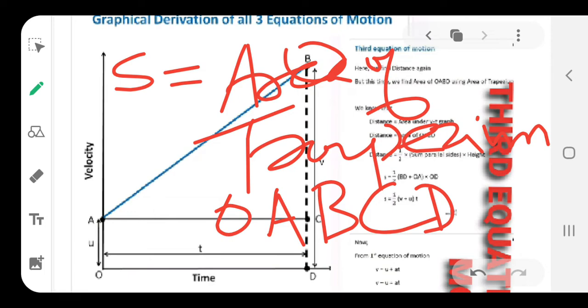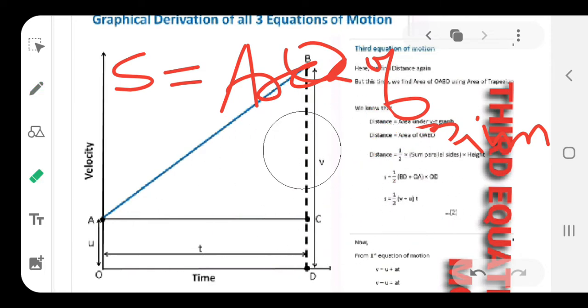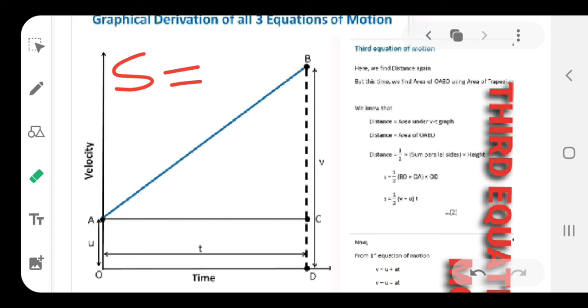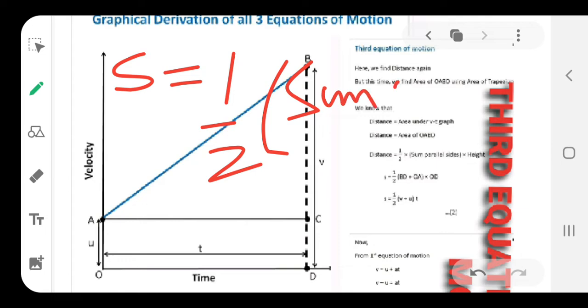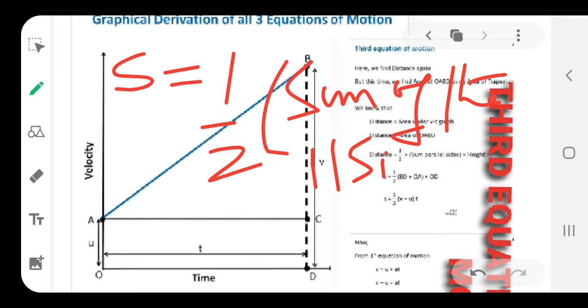Now, if you remember, what is the area of trapezium? The area of trapezium is given by a formula, and I hope you know that particular formula. It is half into sum of the parallel sides into height.